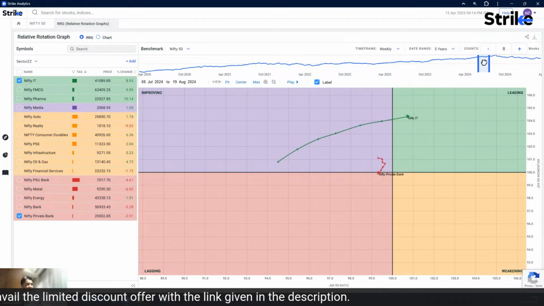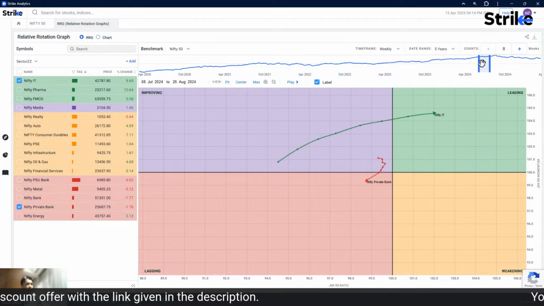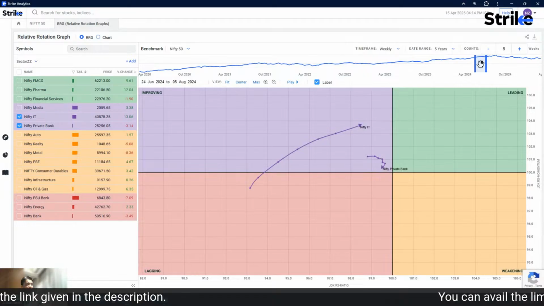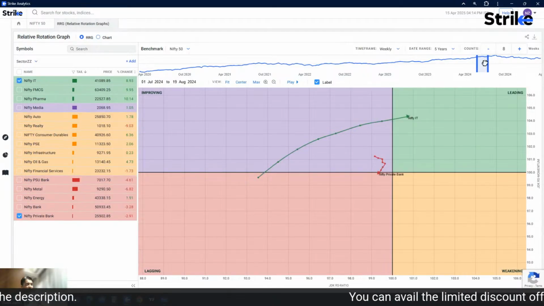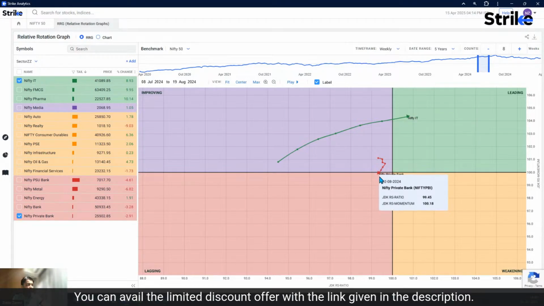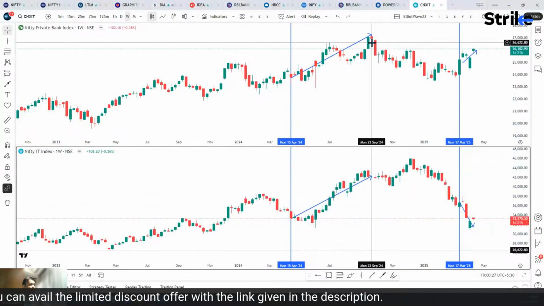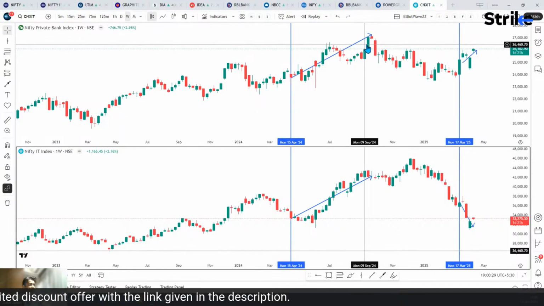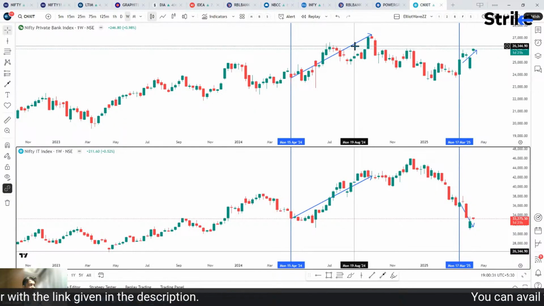This is where you can reverse the position, where IT has gone into the leading quadrant and private bank has come down. So this is 12th of August 24.